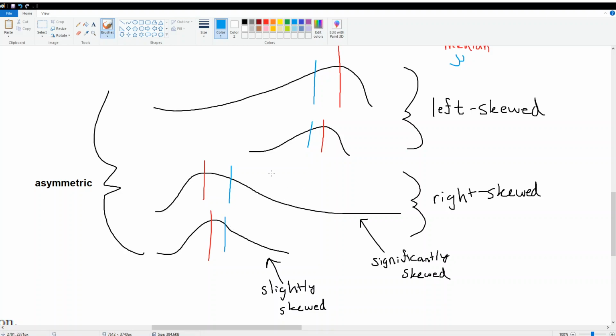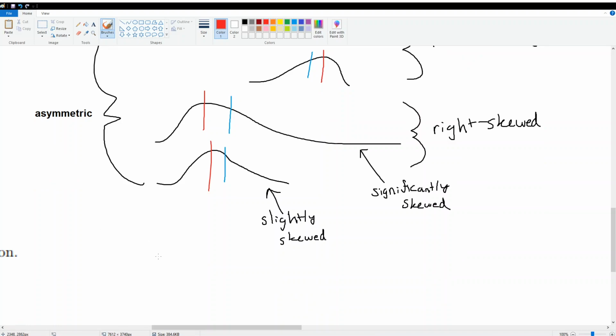What this means is that the median is not roughly the same as the mean. So, if we have a symmetric distribution, the mean and the median will be approximately the same. If we have a skewed distribution, or an asymmetric distribution, then the mean and the median will not be approximately the same.